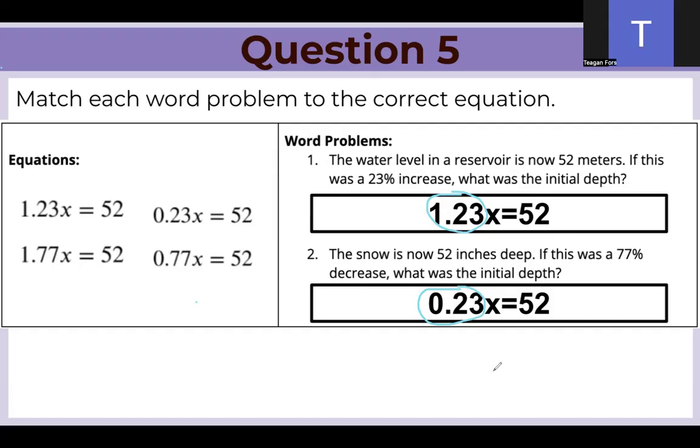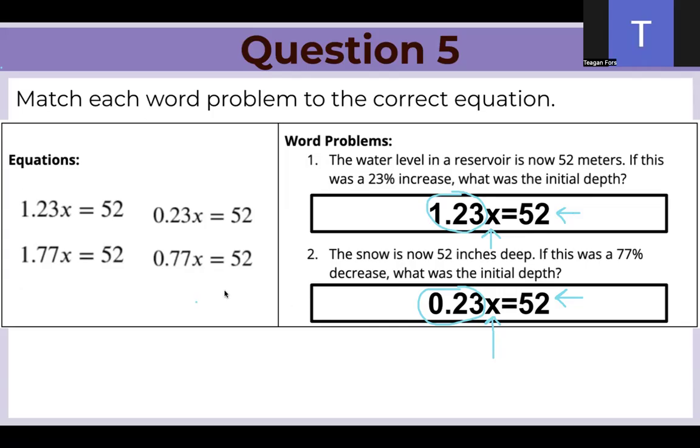We also have the initial depth, which in both of these cases, we don't know what that is. That's represented by this X. But the initial or starting or original amount is also in our problem. And then the last thing we have is our final amount, or the new part we are interested in, and that is the 52, because the snow or the water level is now 52 when it started as something else.